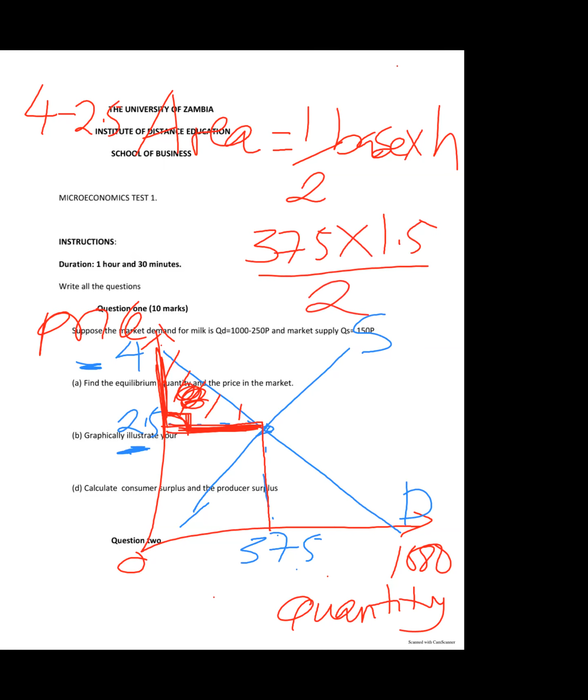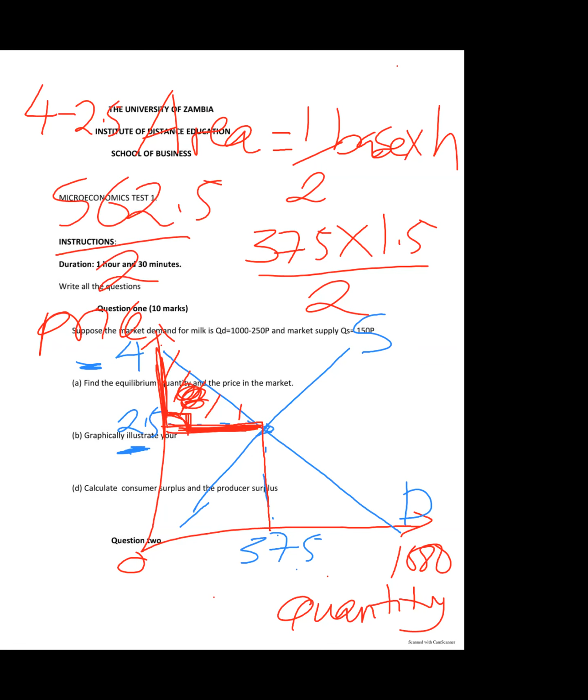We're just substituting into that same formula. So 375 times 1.5 gives us 562.5.